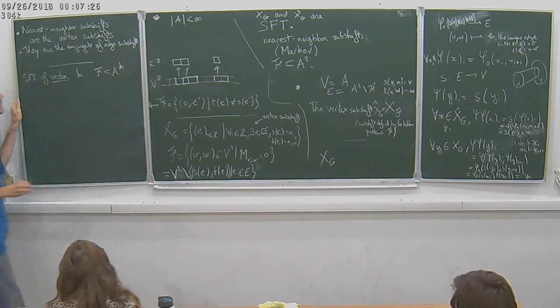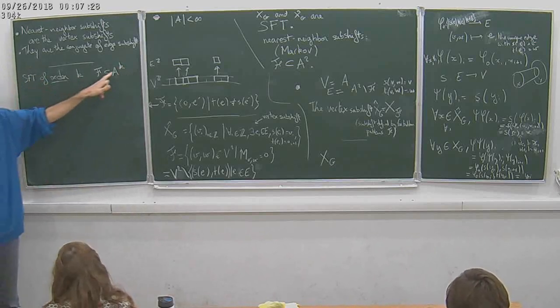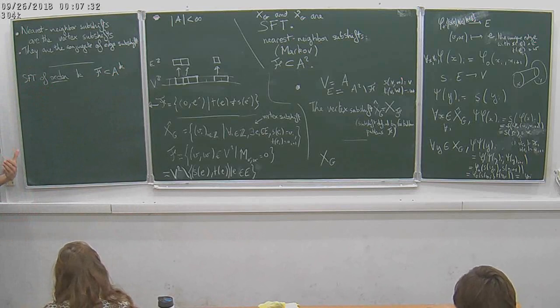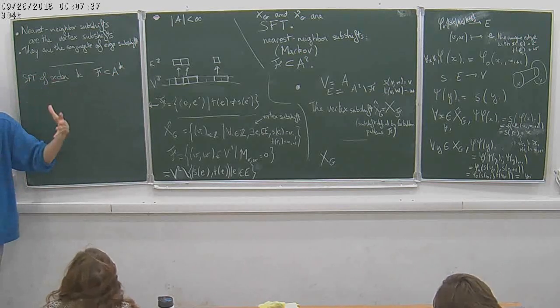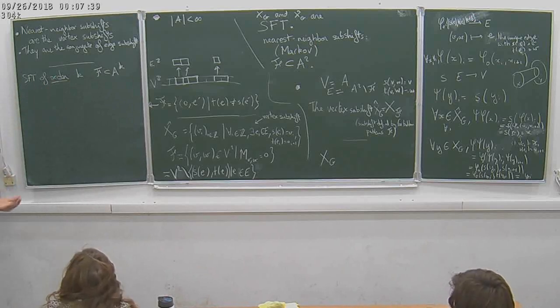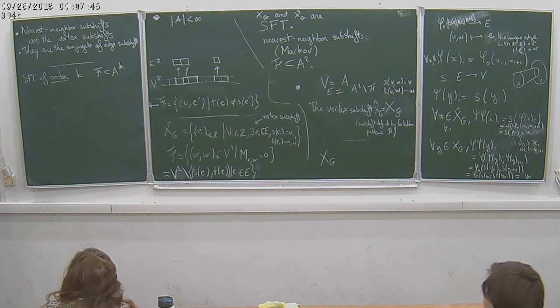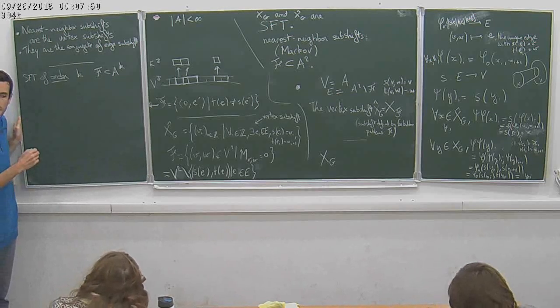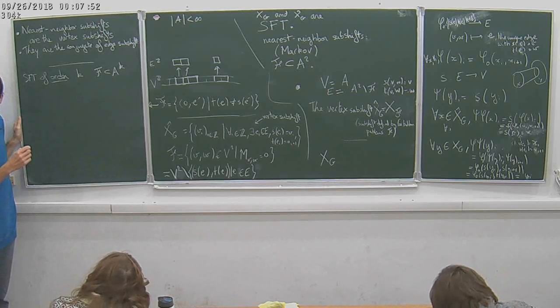The order of an SFT is when you can take the forbidden patterns to be included in A to the K. When you have only finitely many forbidden patterns, you can always make them all the same length. It's easier because you may extend the shorter ones to all possible extensions, and at the end it forbids the same. So an example of order 3, for example.